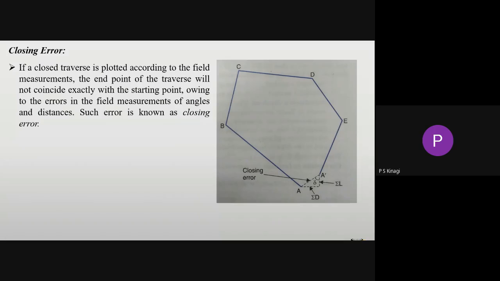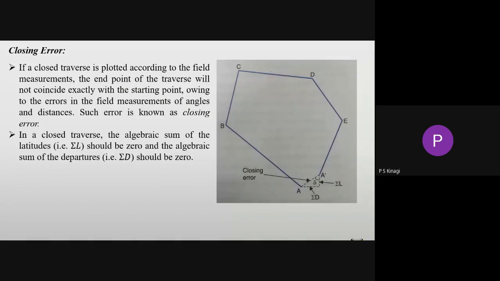I am considering these two because, as per the rules of the closed traverse, you must remember this: in a closed traverse, the algebraic sum of all the latitudes should be equal to 0, and the algebraic sum of all the departures should be equal to 0. In that condition, you know that our last line coincides with the starting point of our survey.